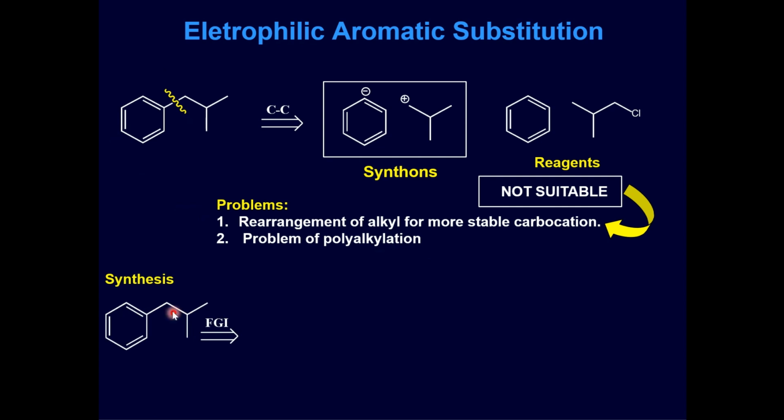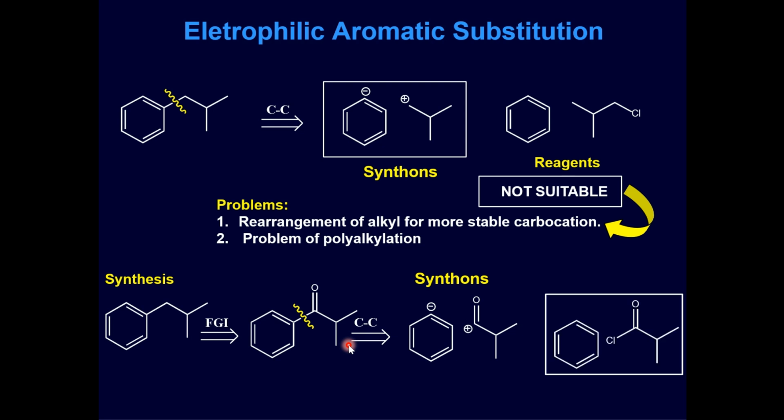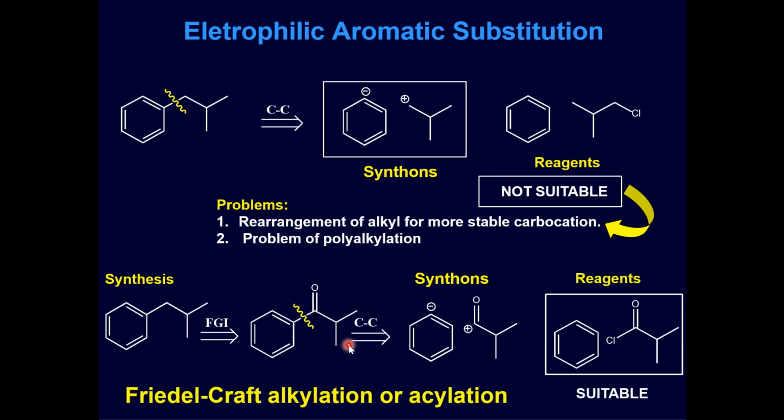This alkyl group, I'll interconvert into an acyl group and then break the molecule. I'll get the corresponding phenyl and the corresponding acyl as the synthons, and I will use the corresponding acid chloride and benzene as the starting materials. This undergoes acylation first, then I reduce it using zinc amalgam to get isobutylbenzene.